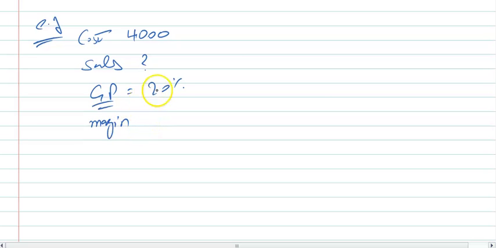If they had provided us sales, we could calculate 20% of those sales to find gross profit. But here is the trick: they missed the sales. So you have to write the equation, sales less cost of sales is equal to GP, gross profit, which is 20%. So this is an example of margin.